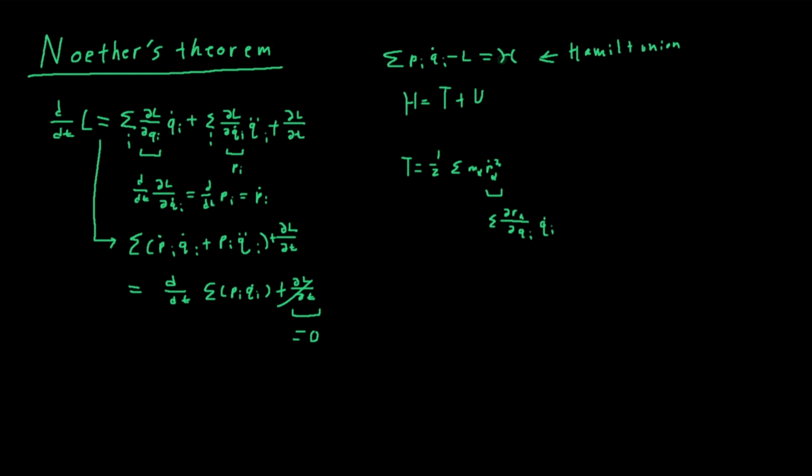The scalar product of this equation with itself will be r prime squared equal to the sum with the index of j of the derivative of r_alpha with respect to q_j times q prime_j, and that quantity times the sum with k as its index of partial r_alpha over partial q_k times q prime_k.